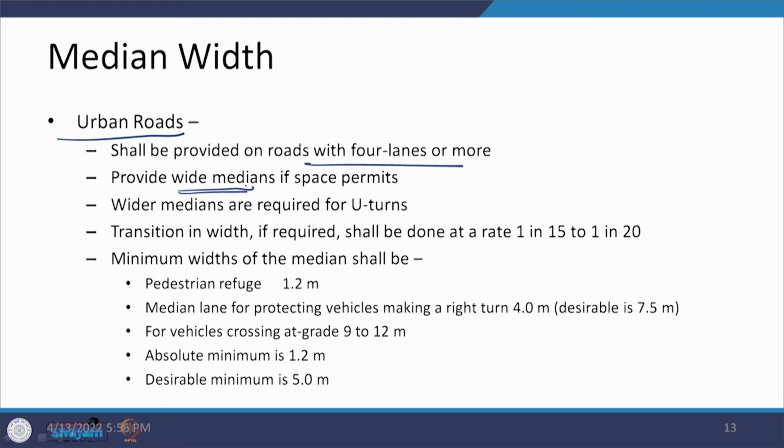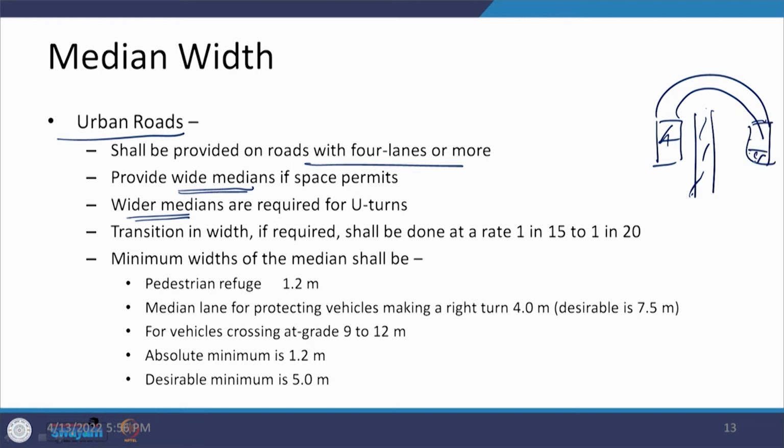The wider medians, if being provided, can also allow U-turning. So, if you have say only this much median being provided and you have a big vehicle which is here, then the turning of this vehicle is going to be something like this. So, what you found is that it is taking a lot of space and there is a clearance here.